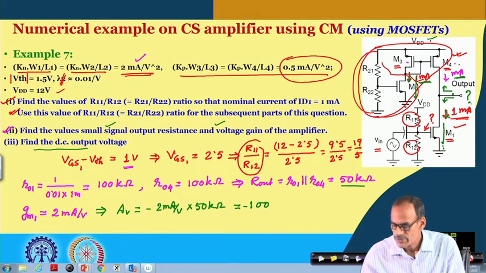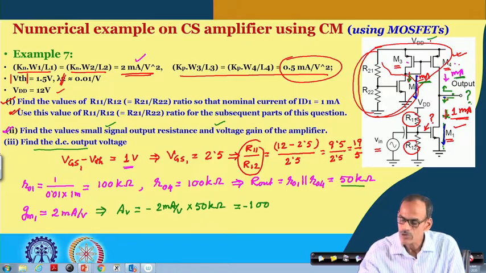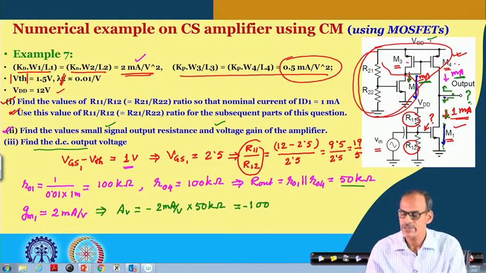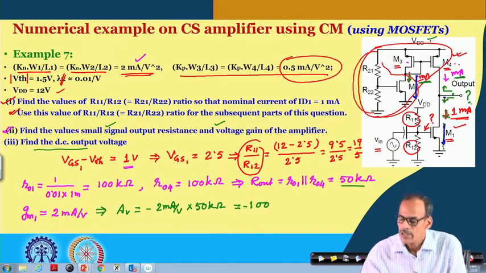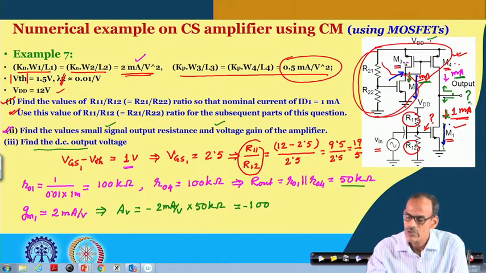But then, VDS of these two transistors, VDS of this one being the output node voltage, is very sensitive and its output resistance is very high, so it may be difficult to get. But the voltage at this point is not so difficult, because transistor 3 is diode connected.